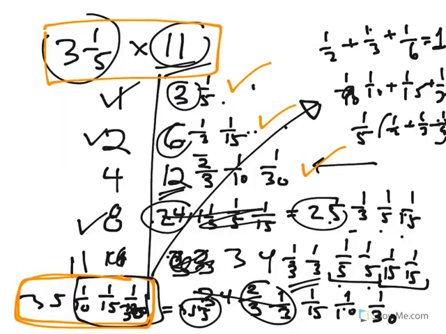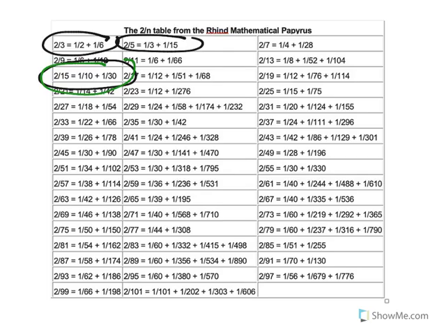And if you look at the 2/n chart, you will notice that at least for those values, this entire column actually, the multiples of 3, skipping the even ones, all have this form where it's 1/2 plus 1/6 multiplied by whatever the appropriate number is.